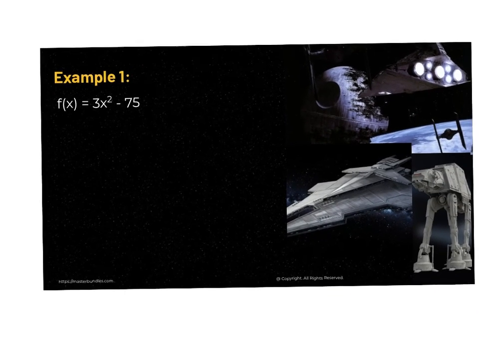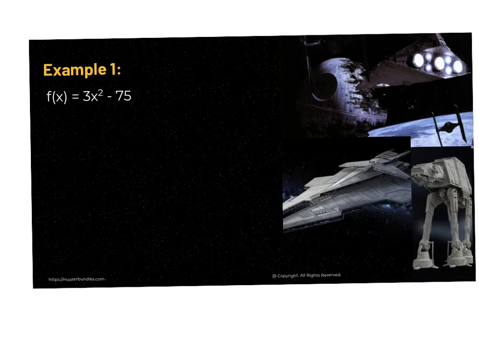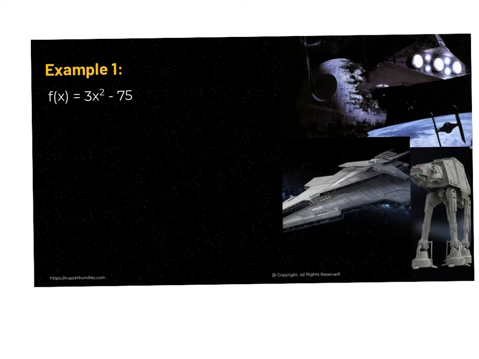For example, here I have f of x equals 3x squared minus 75. The first thing we have to do, remember, we're looking for the zeros, so we are going to set our equation equal to 0. Now I want to try to use the square root method because this is not going to factor very well.